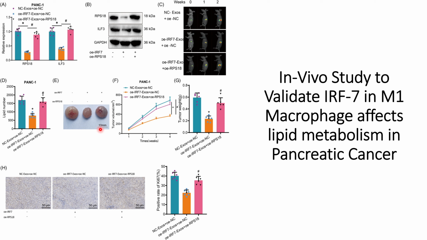And in order to check their proliferation and migration properties, they used Ki67 staining, and in this case for the negative control they see that the blue populations are higher, and for the IRF-7 they see that these populations are lower. However, when they use overexpression of RPS18, they can see that Ki67 is expressed high, and since from these images it is not clearly evident, they also quantified these images.